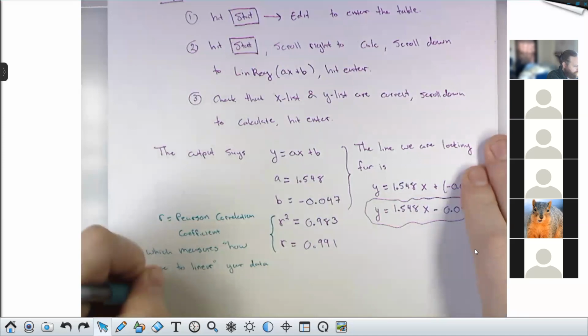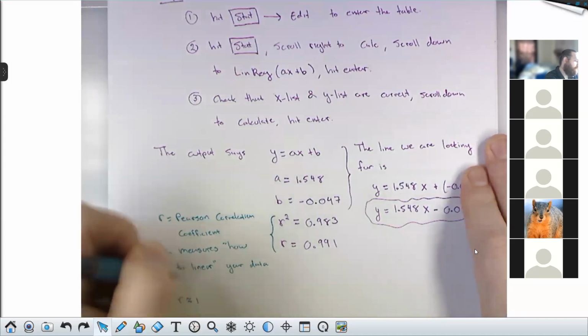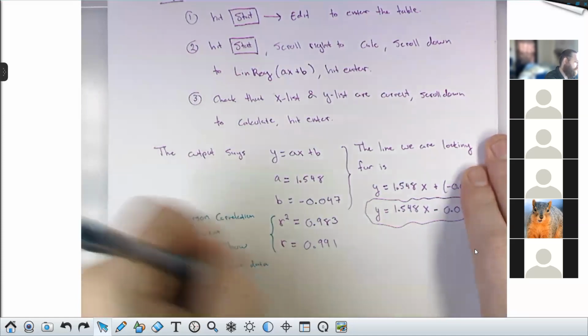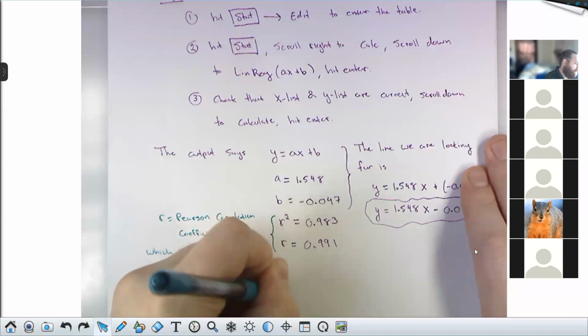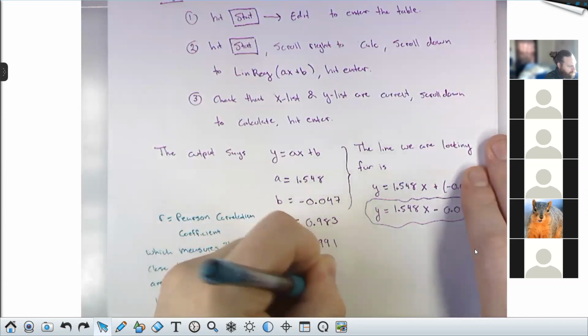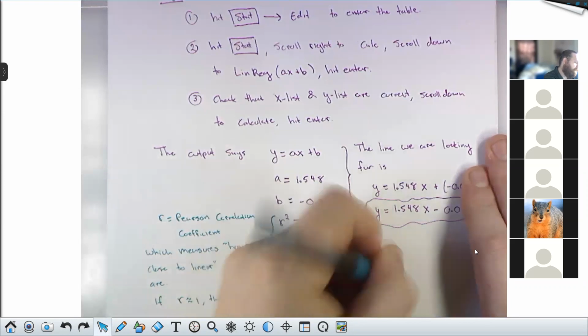If R is very, very close to 1, the data are very linear and have positive slope.